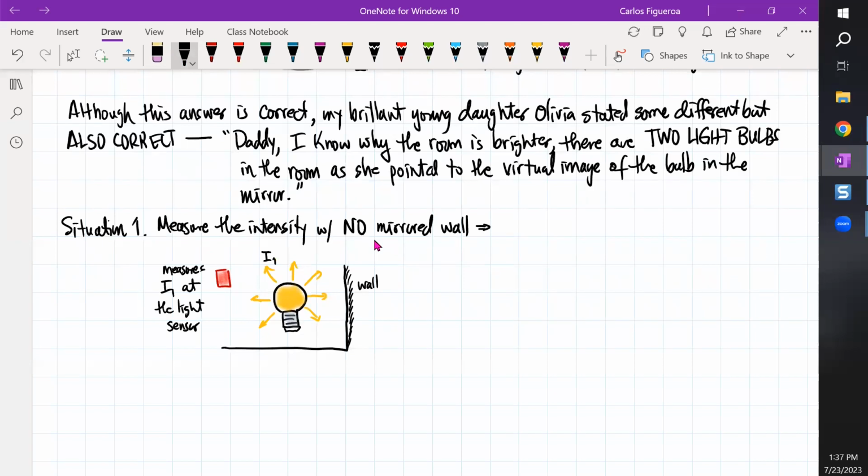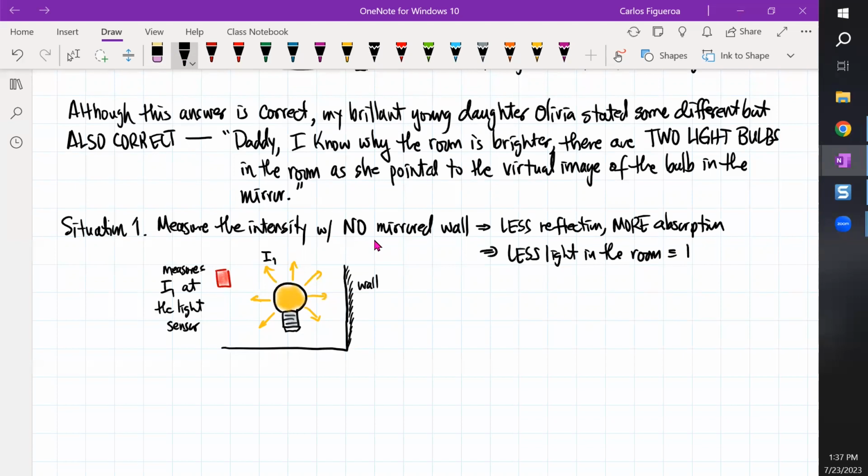As a consequence, if there's no mirrored wall, then we have less reflection, more absorption, which tells us that we have less light in the room.